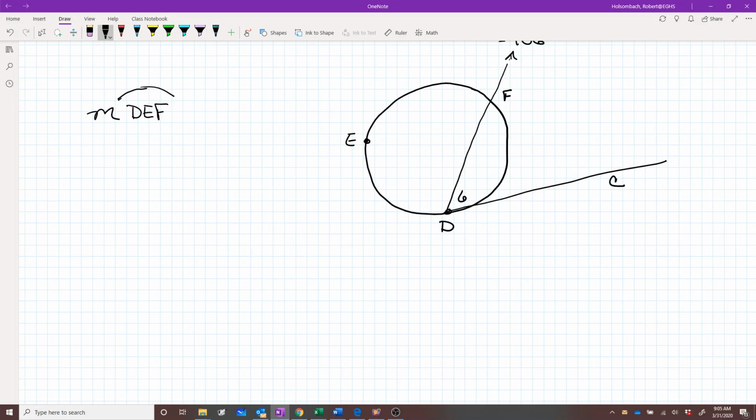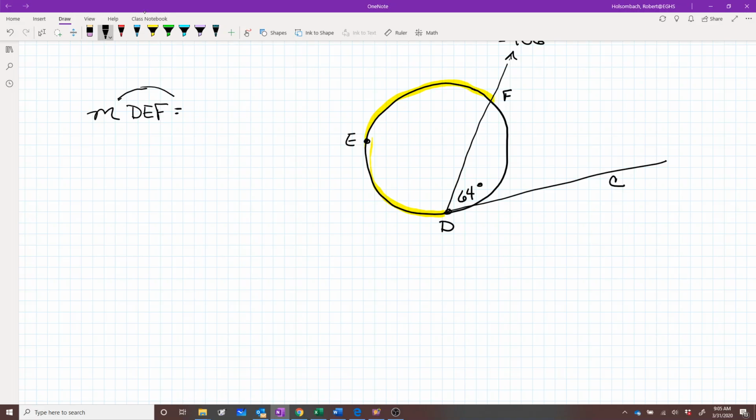And we've got a 64-degree angle here. And they want the measure of arc DEF. So this is arc DEF. Starts at D, it goes through E, and it ends up here at F.